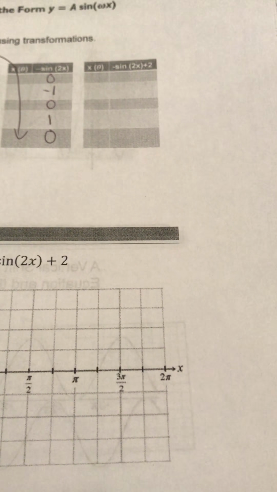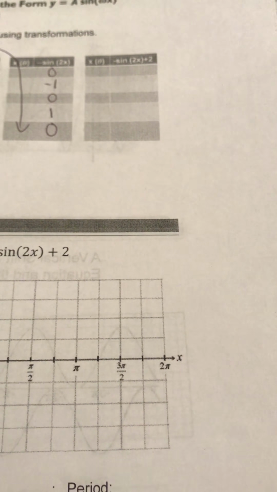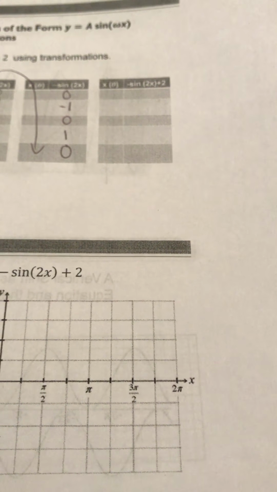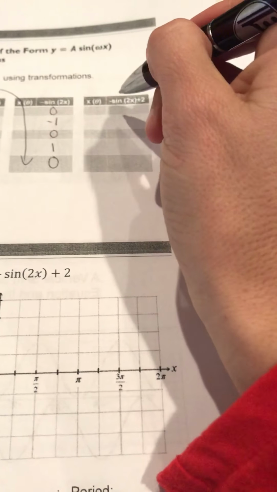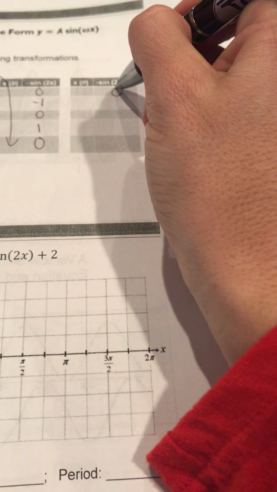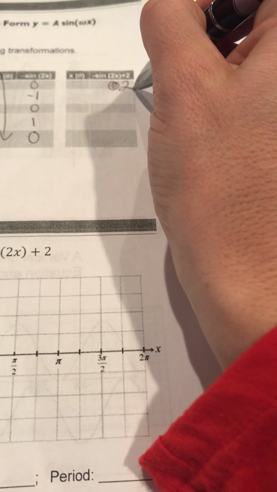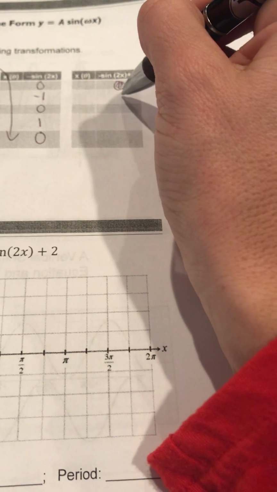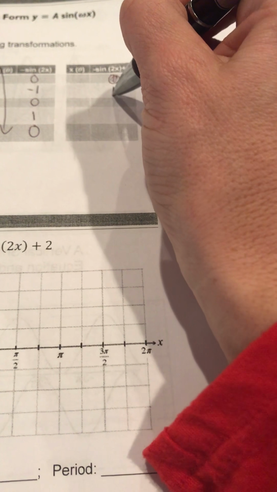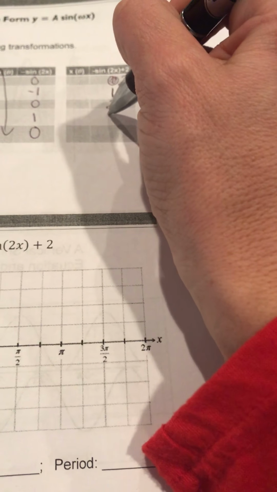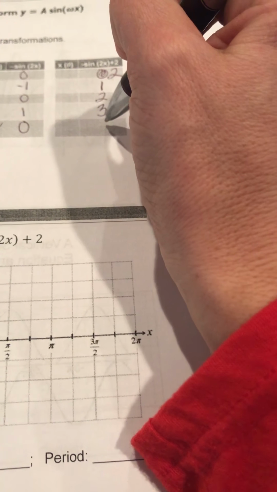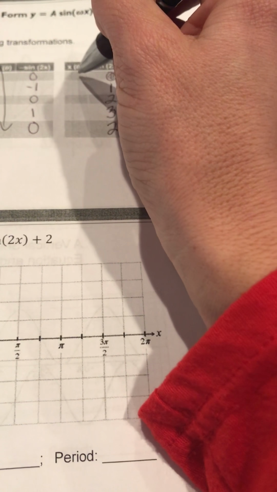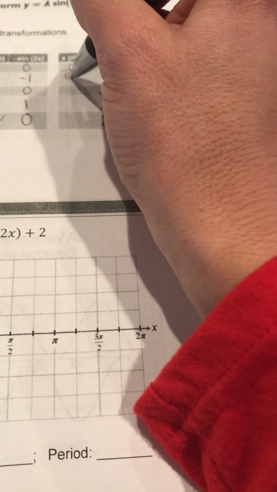All right, and then in our final shift here, we are moving the y values up 2. So I'm going to plus 2 to the 0. That makes it 2. And I'm going to plus 2 to the -1. I'm going to plus 2. I'm going to plus 2. And I am going to plus 2. And the x coordinates are all going to stay the same.